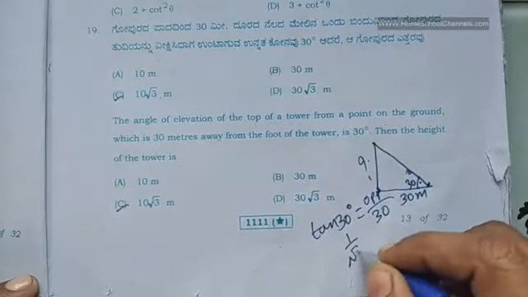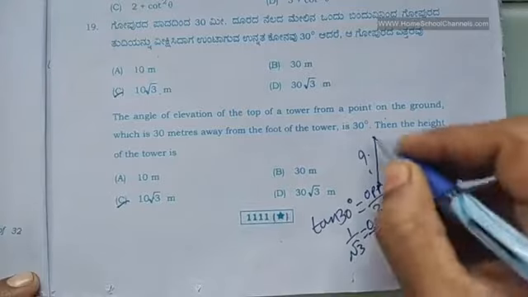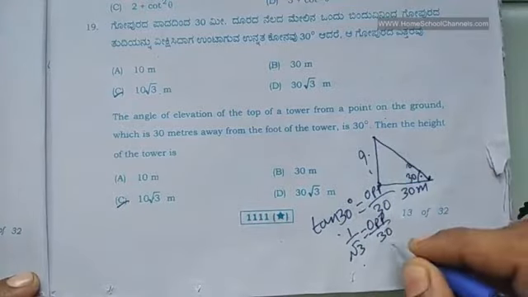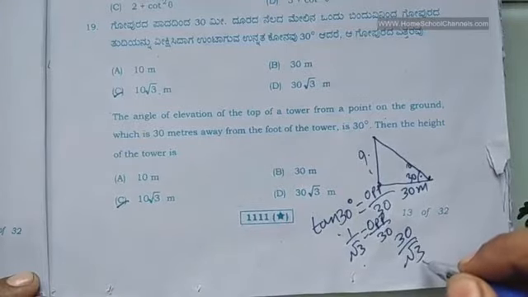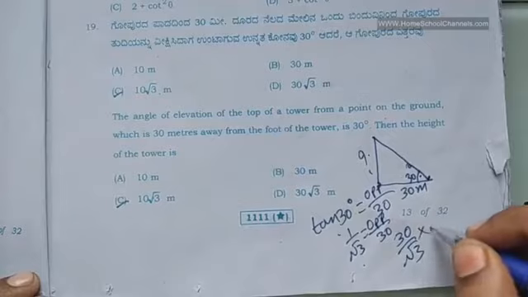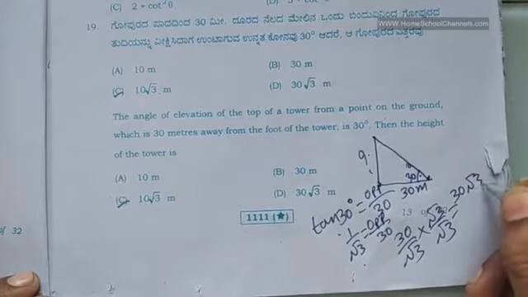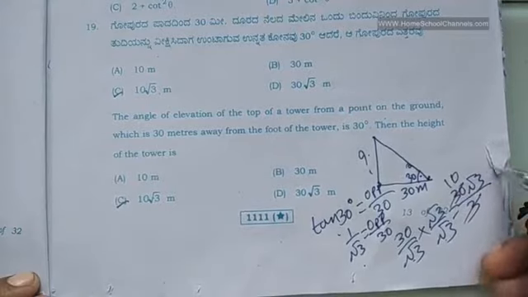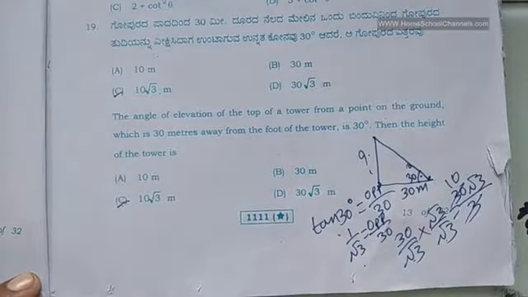Tan 30 value is 1 by root 3. That is opposite by 30. Then opposite is nothing but the height of the tower, 30 by root 3. But the denominator we don't keep in root form. So multiply, this will be 30 root 3 by root 3 into root 3, 3. Cancel. 10 root 3 is your answer. 10 root 3 meters. Option C is the right answer.